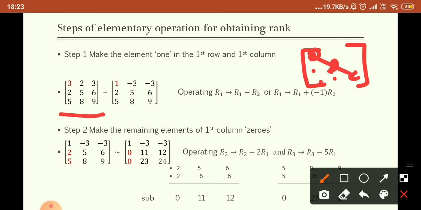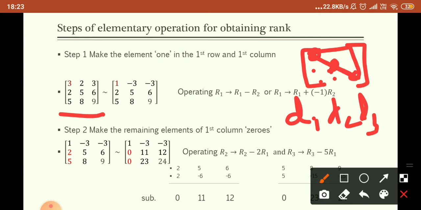We will try to make the elements 0, because we know that if the elements below the diagonal are 0, the matrix is called upper triangular, or if the elements above the diagonal are 0, then it is called the lower triangular matrix. And the determinant of the upper and lower triangular matrix is nothing but the product of its diagonal elements. Let the diagonal elements be d1, d2, d3.